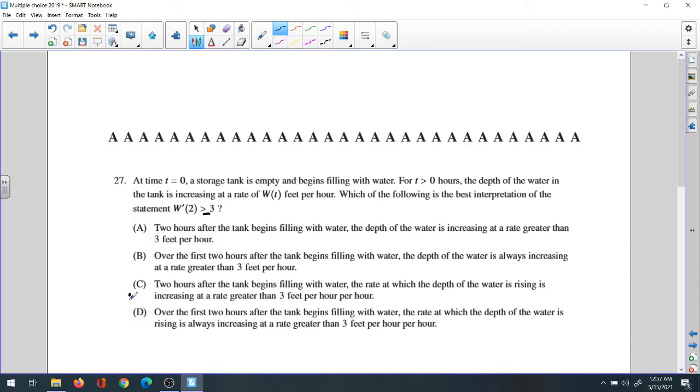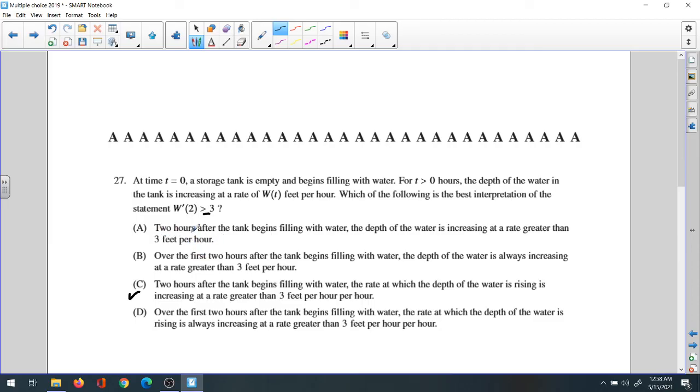This is the only one correct, but if you look at the others, they don't make sense at all. The water is increasing at a rate greater than 3 feet per hour.